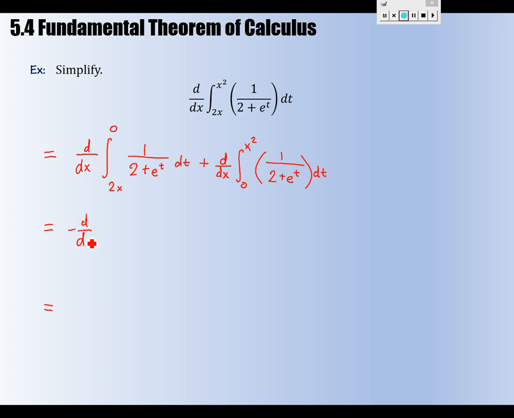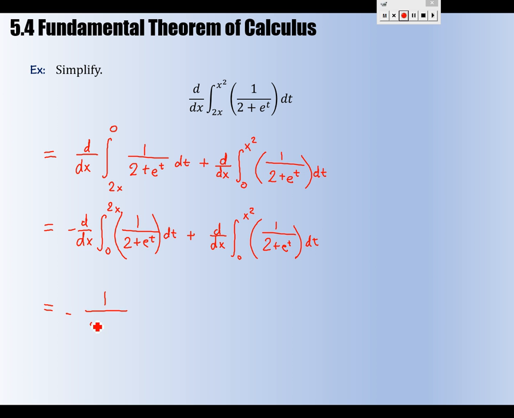The opposite of 0 to 2x. There we go. So this guy is what? Negative 1 over 2 plus e to the 2x.